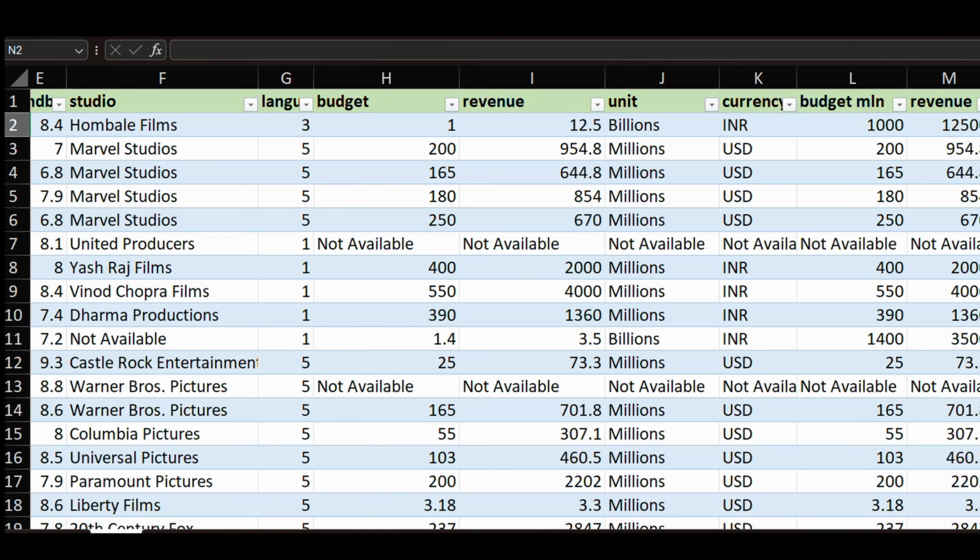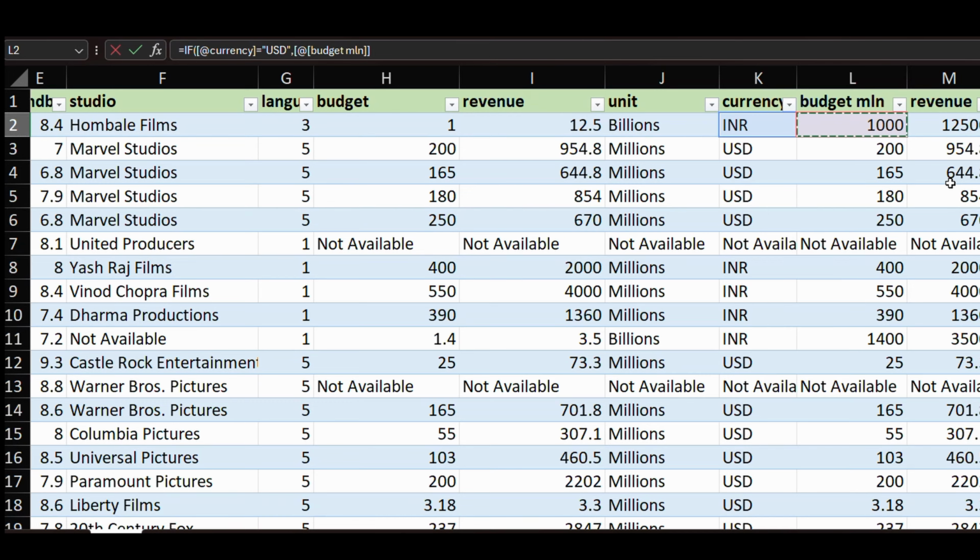Same formula: if your currency equals INR, keep it; if the currency is USD, then you have to multiply the budget in million, because we have to convert only the budget in millions.